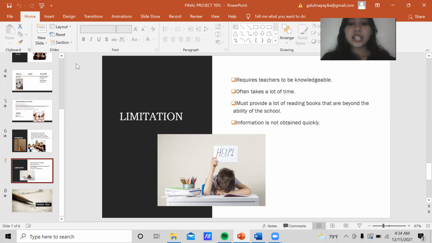And the third is information is not obtained quickly. Why? It is different from getting information that is explained by the teachers. So the teachers can give some techniques to students and get students to use reading from the beginning, because by getting used to reading, students will find it easier to understand the contents of the text.